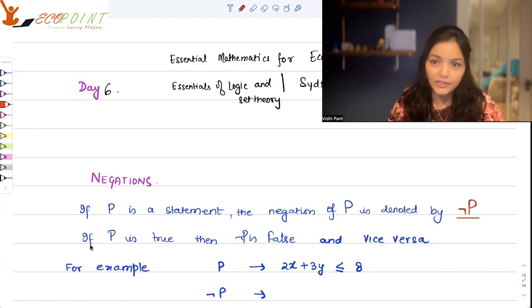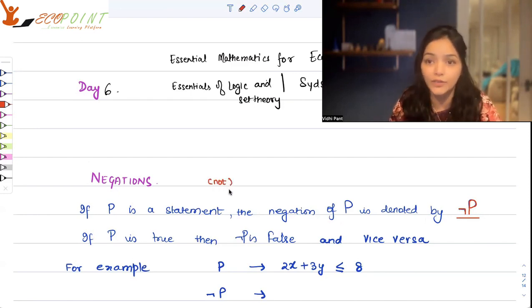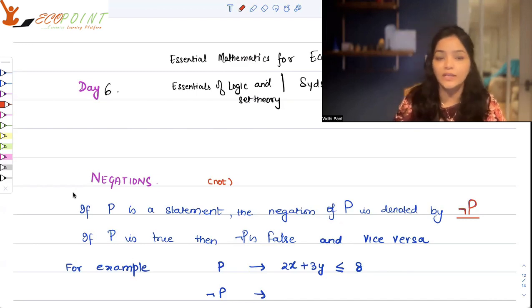If P is true, the negation will be false. If P is false, the negation will be true. So negation means not, to falsify something. The word negation comes from negative. So yes, negation means not.